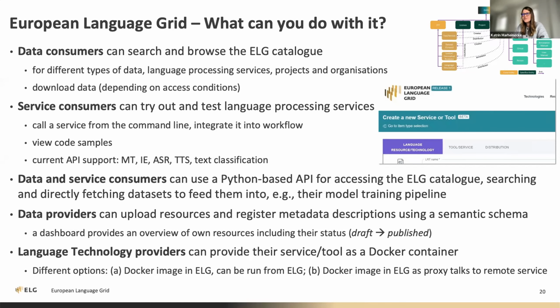The consumers of services can also try out and test language processing services. For this, a prerequisite is to be registered, but that's a quite quick and easy process. They can call a service from the command line and integrate it, or they can view the code samples, and we have API support for machine translation, information extraction, automatic speech recognition, text-to-speech, and text classification.